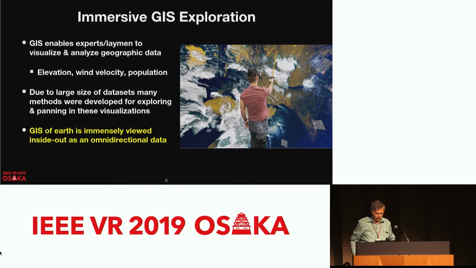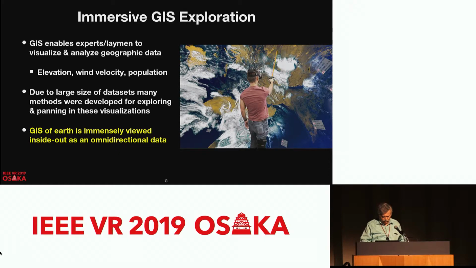So basically in Immersive GIS, we have a variety of layers of data: elevation data, wind velocity, population. In this application, we added some demographic data that I'll show you later.